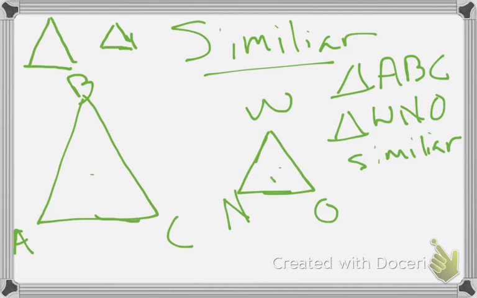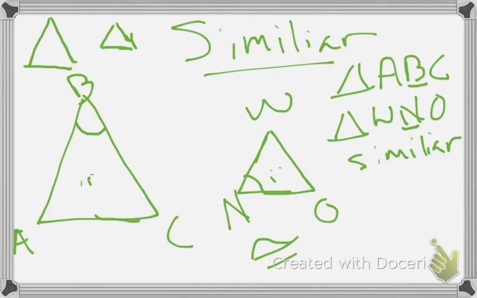So if these two triangles are similar, guess what? The angle that corresponds, so B, and the angle that corresponds, which is N, are congruent. Okay, so B is congruent to N.